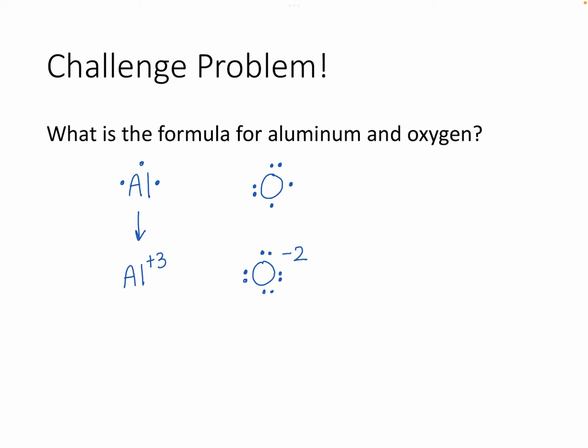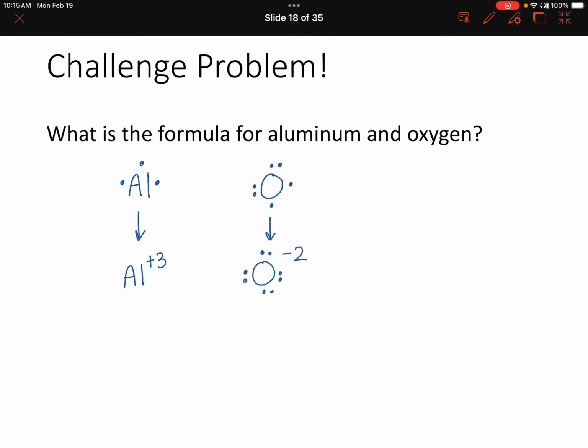So it's gaining 2 electrons to become a -2 ion because we have 2 extra negatives. So again, aluminum is losing 3 electrons, so it becomes a +3 ion, and oxygen gains 2 electrons to become a -2 ion. So this would be the oxide ion, and aluminum is just the aluminum ion.